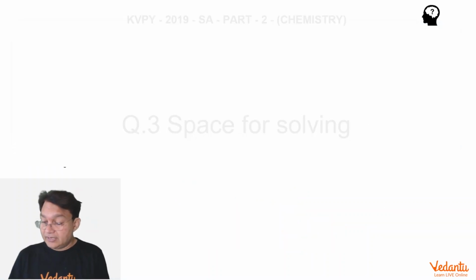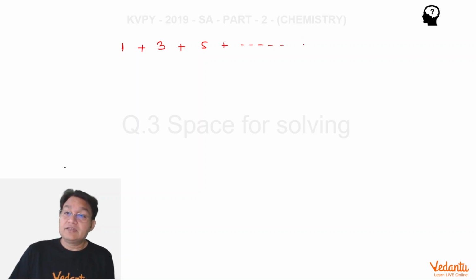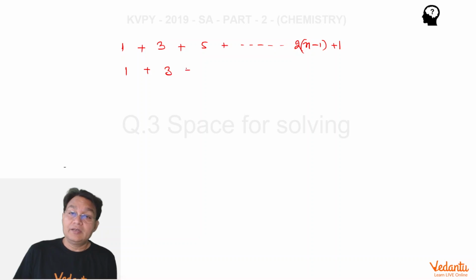So you are going to get terms like this. For l equals 0, you get 1, plus 3, plus 5, and so on, up to l equals n minus 1, where you have twice n minus 1 plus 1, that is 2n minus 1.